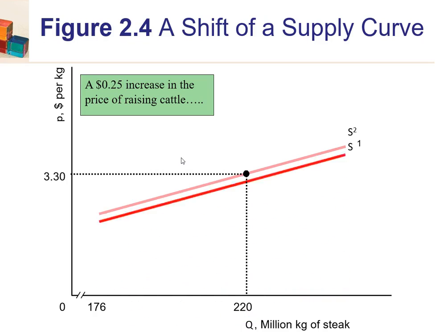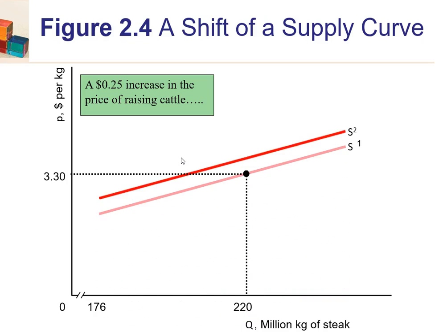Well, if you increase the cost of producing the item, if that price were to stay the same, you don't want to supply as much as you did before. So at the original price, you don't want to supply 220 anymore because the cost of raising cattle has increased. You want to supply less. That's why the supply curve moves left or up. So in this example, S2 reflects the new supply curve due to the increased cost of raising cattle.